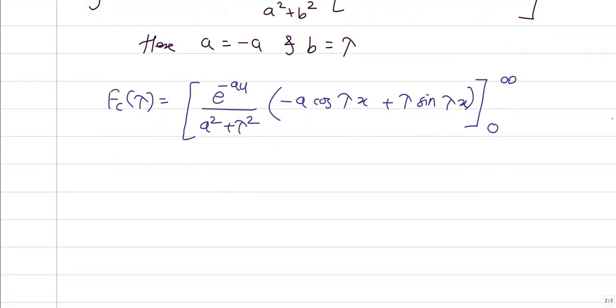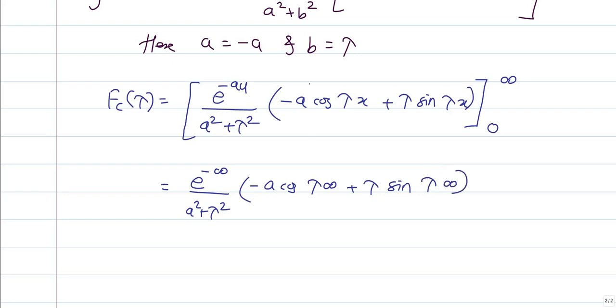So which is equal to, now when we put the upper limit, it becomes e raised to minus infinity upon a square plus lambda square into minus a cos of lambda into infinity plus lambda sine of lambda into infinity. Just a minute, there is one correction here.